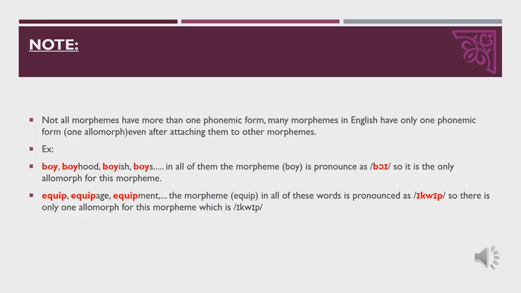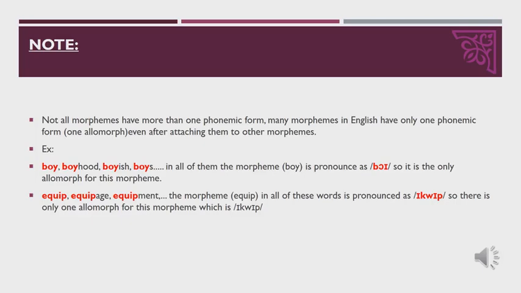Let's take an example. Boy. Boy is pronounced as boy. So the allomorph is the pronunciation of this morpheme, boy. After adding the derivational suffix -hood, it becomes boyhood. Notice that the pronunciation remains the same, boy, the same allomorph. Boyish, after adding the derivational suffix -ish.